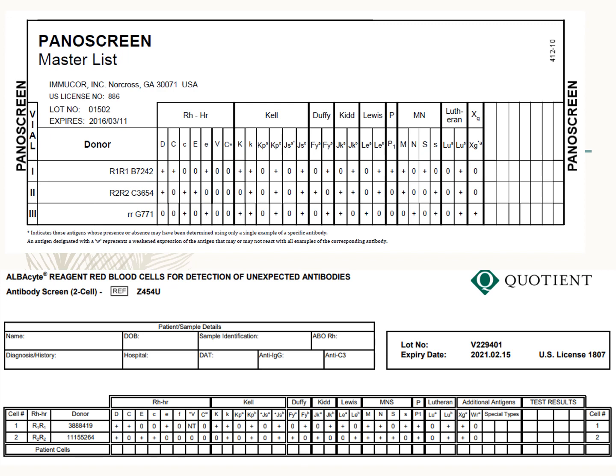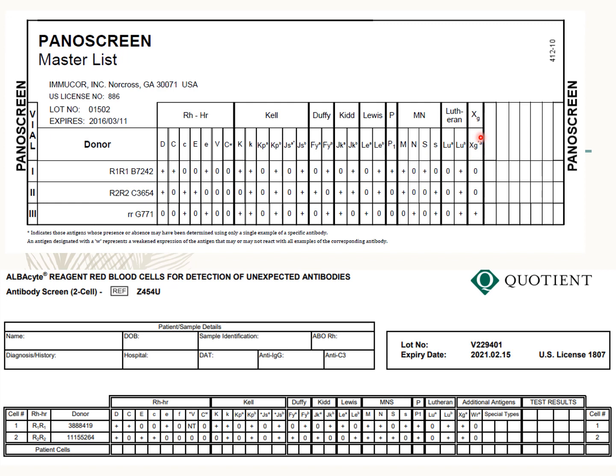Some will have them labeled, like on the left, they'll say cell number or vial number. So each vial or each cell is one donor. So this is telling you what antigens are present on that donor. So donor 1 is positive for D, donor 3 is negative for D.